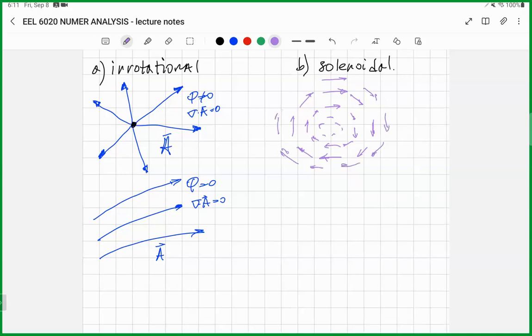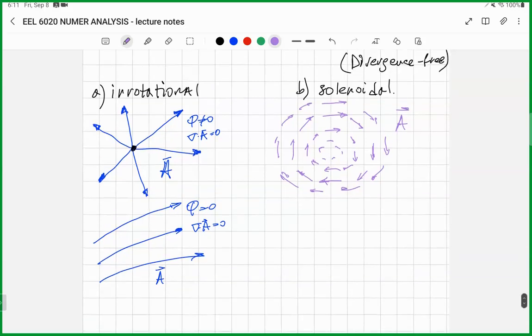So it's basically rotation of the field. So this is another type of field. It's called solenoidal or divergence free.